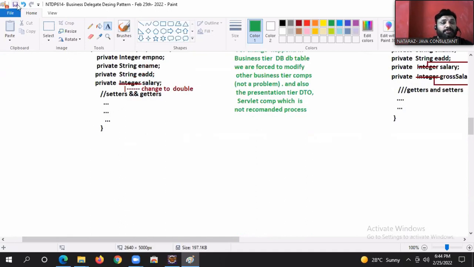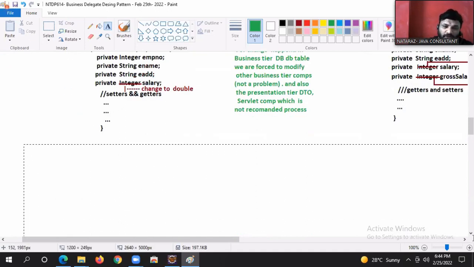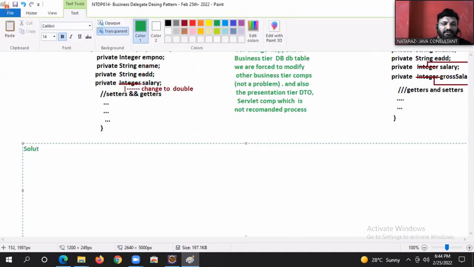Everyone understood this problem, guys? Yeah. Solution, guys. What is solution?